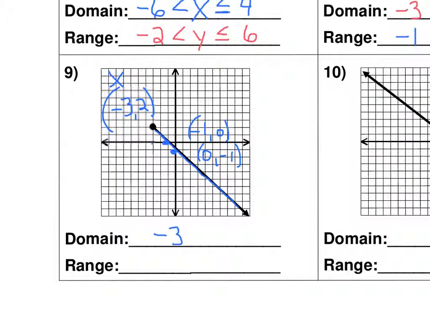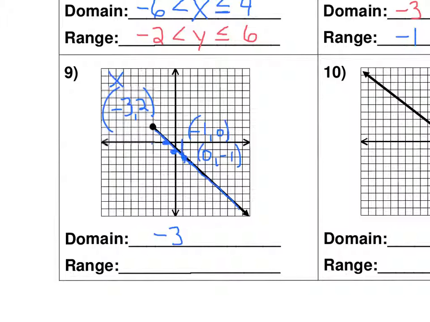What you're noticing is as you are going along this line, the x's are getting bigger. So this point is here.